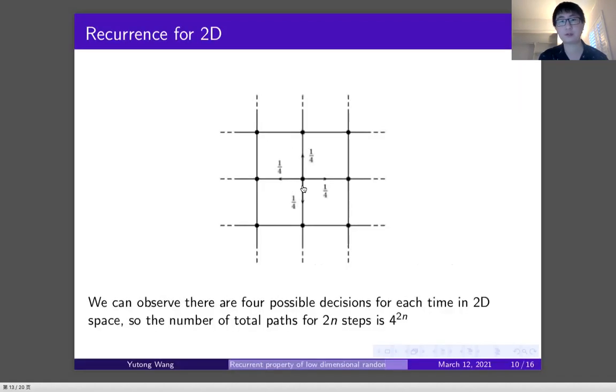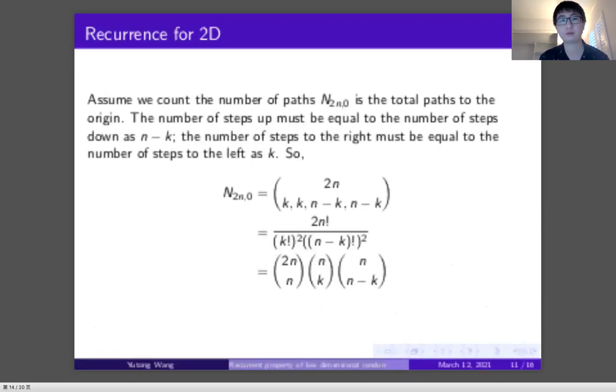For the two-dimensional case, we have 4 choices for each step. So if we assume there are 2n steps, the total number of paths will be 4 to the power of 2n.